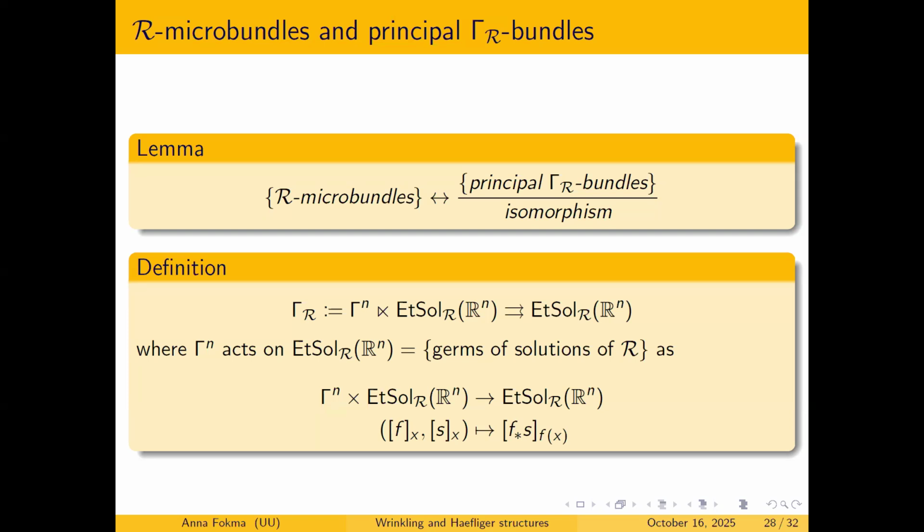And I thought that this is similar to taking the homotopy quotient, or maybe the groupoid action of Diff of Rn on the space of solutions. Yeah, I would have to think about what kind of quotient you get. But my intuition is that it's not a particularly nice or easy space. I see.